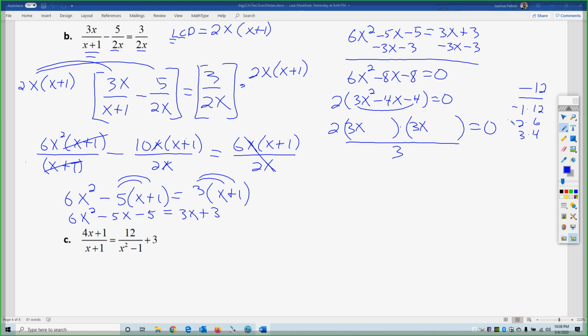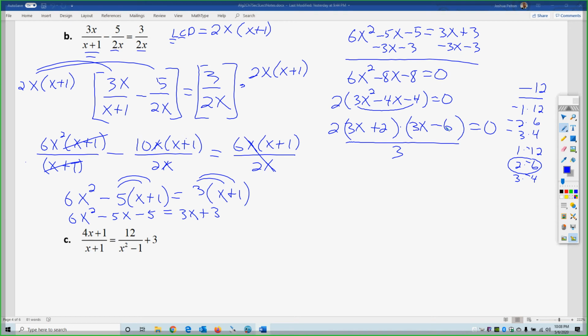But one of these needs to be negative, correct? So we need to multiply to negative 12, which they all do. We need to add to negative 4. So if I add to negative 4, that's going to be a negative 6 and a positive 2. So I think we're good there.